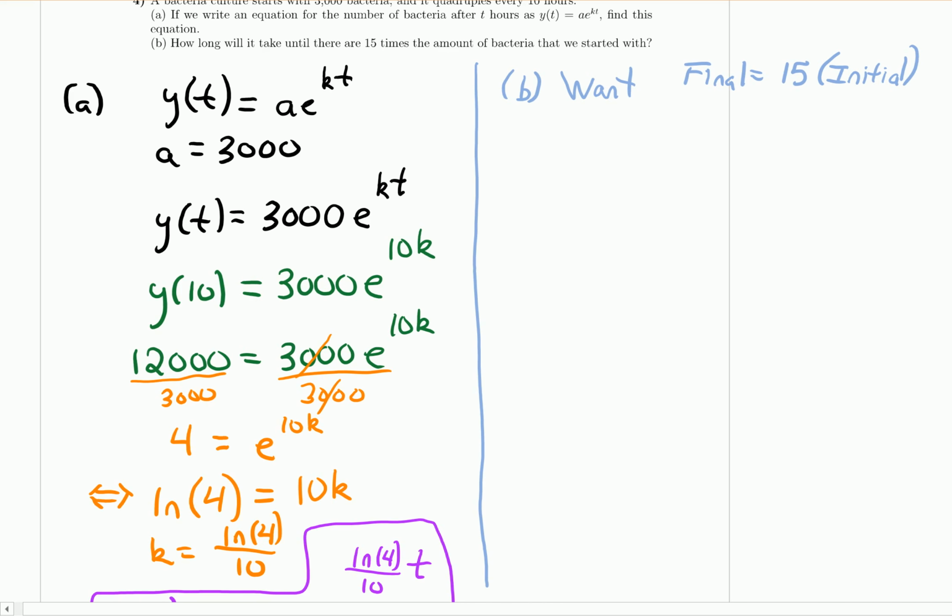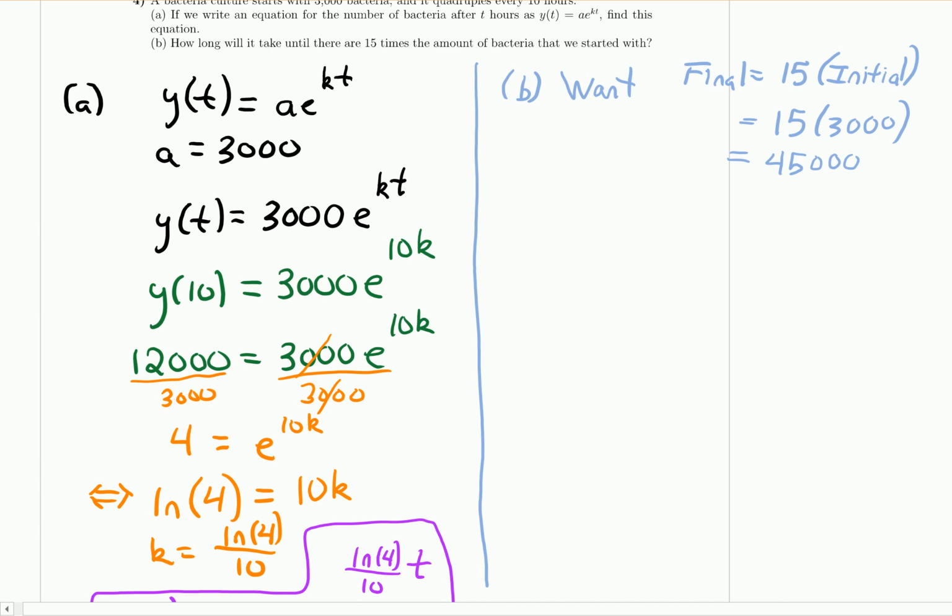The initial amount was 3,000. So we get 15 times 3,000, which is 45,000. So the final amount should be equal to 45,000 here.